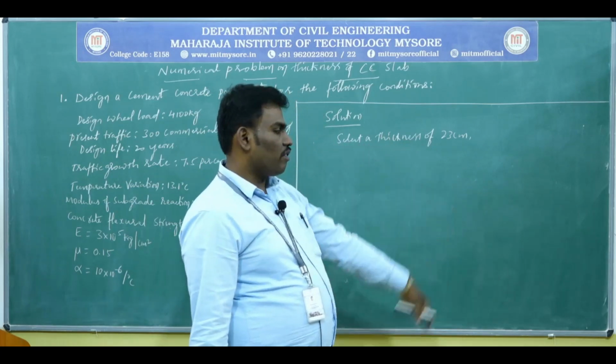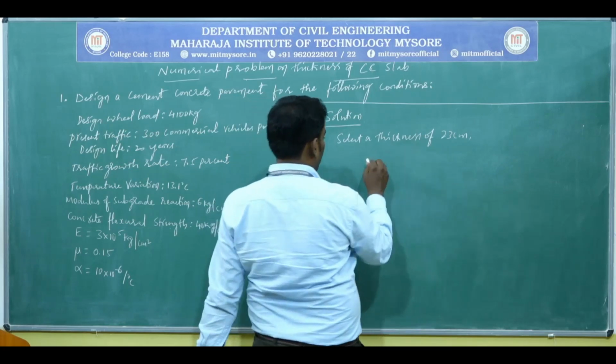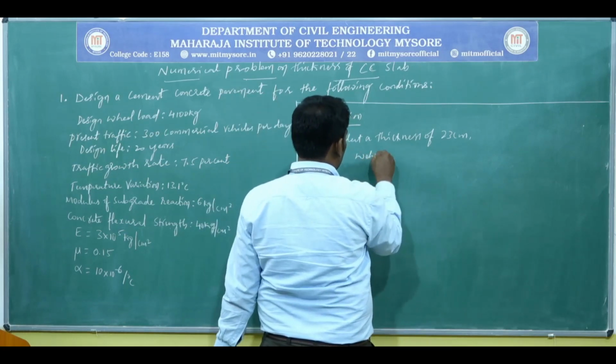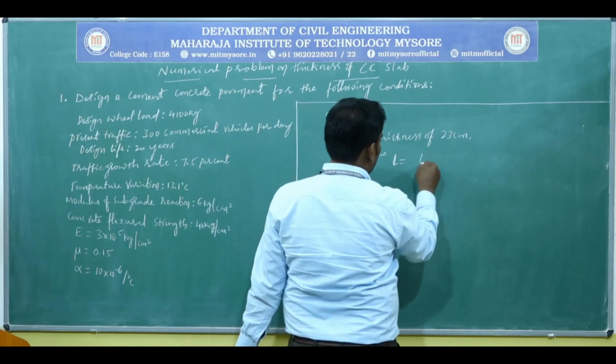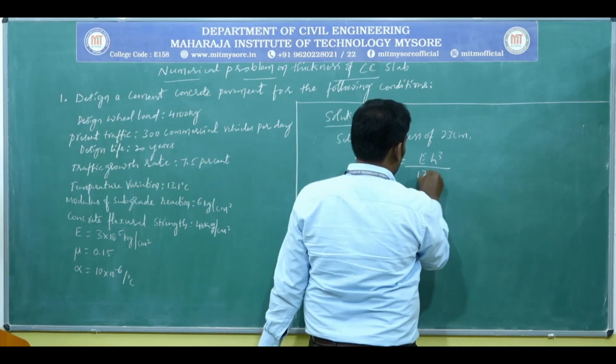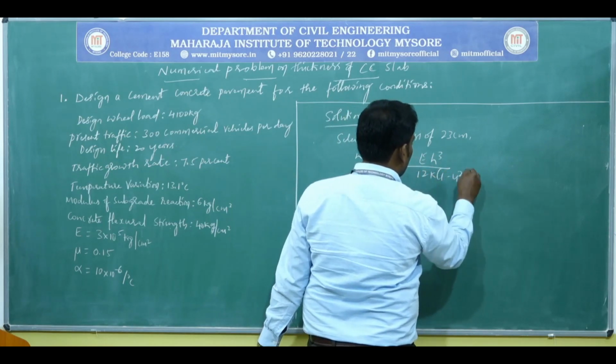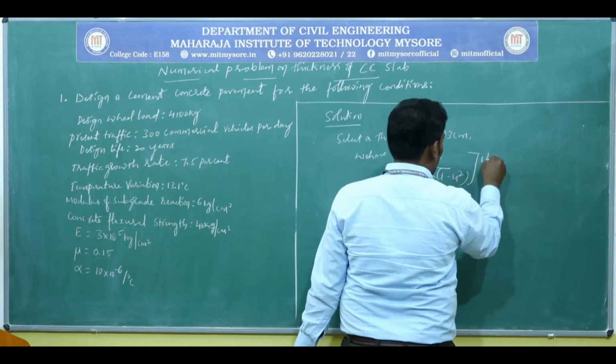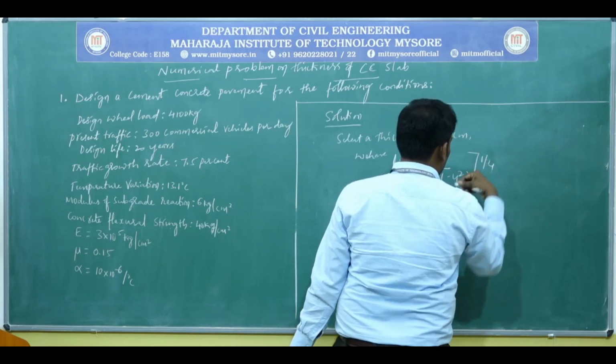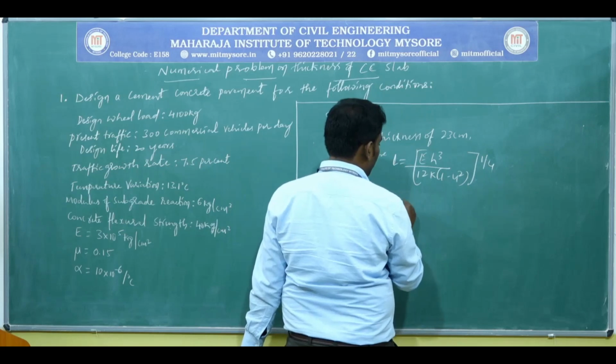So if you select a thickness of 23 centimeter, the radius of relative stiffness l is equal to E H cube by 12 K into 1 minus mu square, whole to the power of 1 by 4. Okay, substitute it and get me the value.